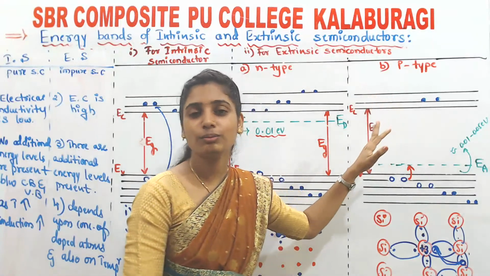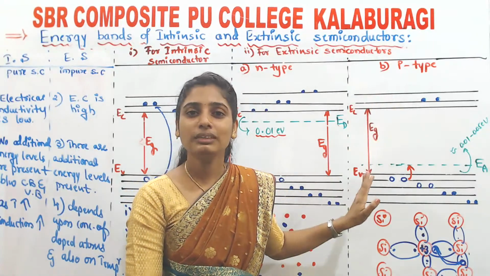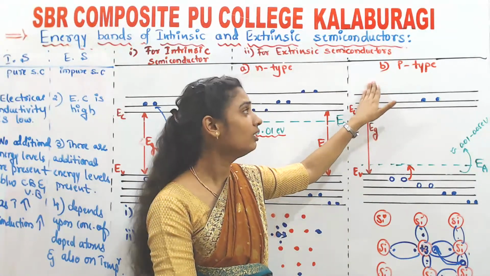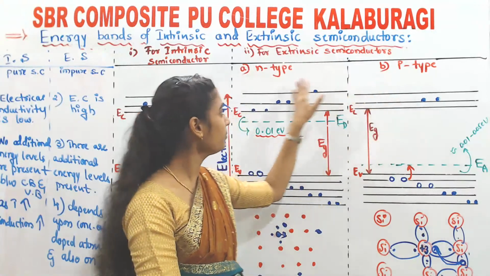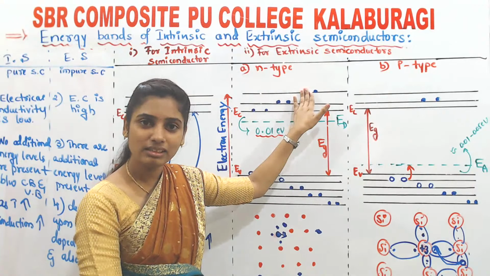P-type semiconductor is obtained when it is doped with impurity atoms from the third group, so trivalent impurity atoms. They result in p-type, and the pentavalent atoms give you the n-type extrinsic semiconductor.